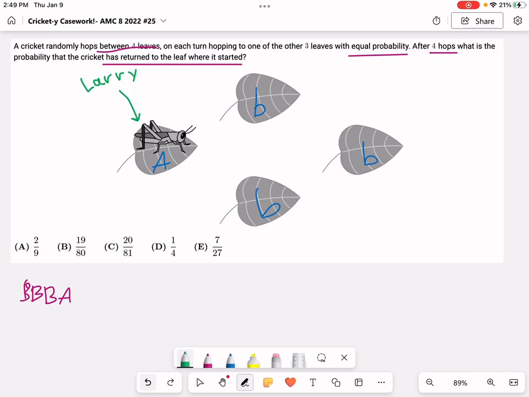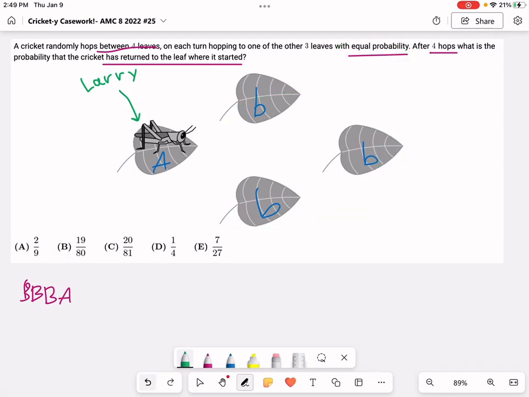So that brings us to our next case, 1 B leaf. So he can hop from A to B, back to A, and then back to B, and back to A. But you may be asking, isn't the case you just showed me different from, let's say, he hops to this B leaf and back to A, but then he hops to this B leaf and back to A? Well, the answer is no, because remember, it's equal probability. It doesn't matter which B leaf he hops to.